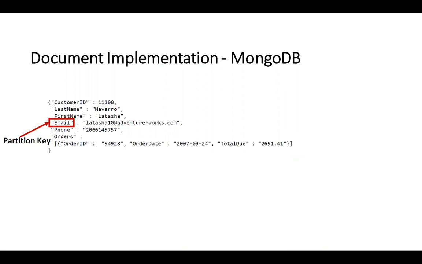So we went over the design process for a relational database as well as for a NoSQL database. And we went over the implementation of the NoSQL database design process. Does anyone have a question?